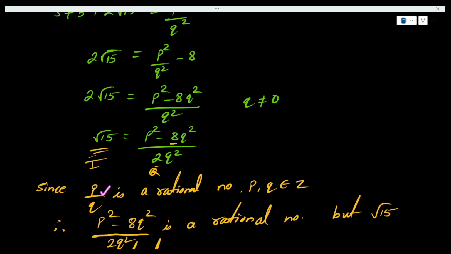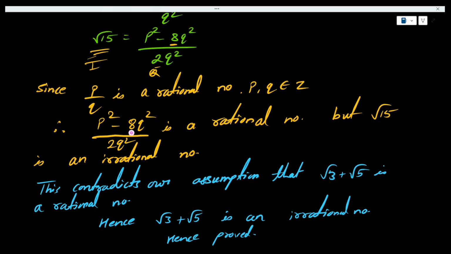Now you know that p by q is a rational number where p and q are integers. So when you add or subtract integers in that rational number, you get a rational number. But root 15 is an irrational number. So this is a contradiction. An irrational number cannot be equal to a rational number. So it contradicts our assumption, and hence root 3 plus root 5 is an irrational number. It is not a rational number. So this is the way you will prove it.